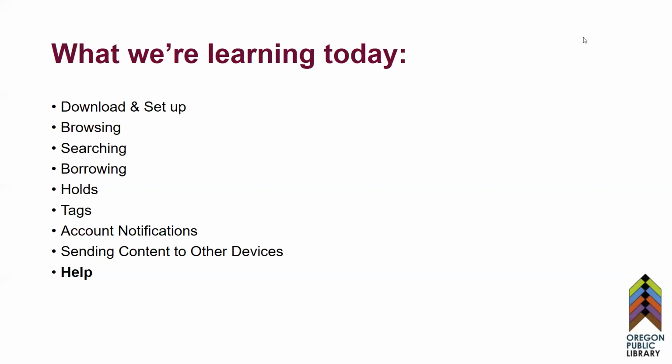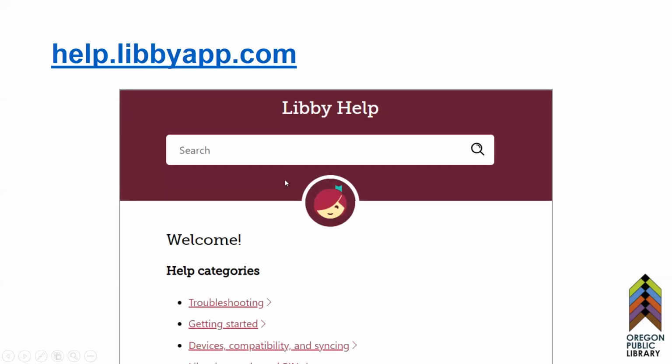So then the last section is help. If you have questions about using Libby, if something was unclear, if I mumbled, if I was confusing, there's a couple different ways you can get help. First, they have very extensive help pages at help.libbyapp.com. You can do searching for whatever issue you're having, and they have a lot of different categories too that you can scroll through.